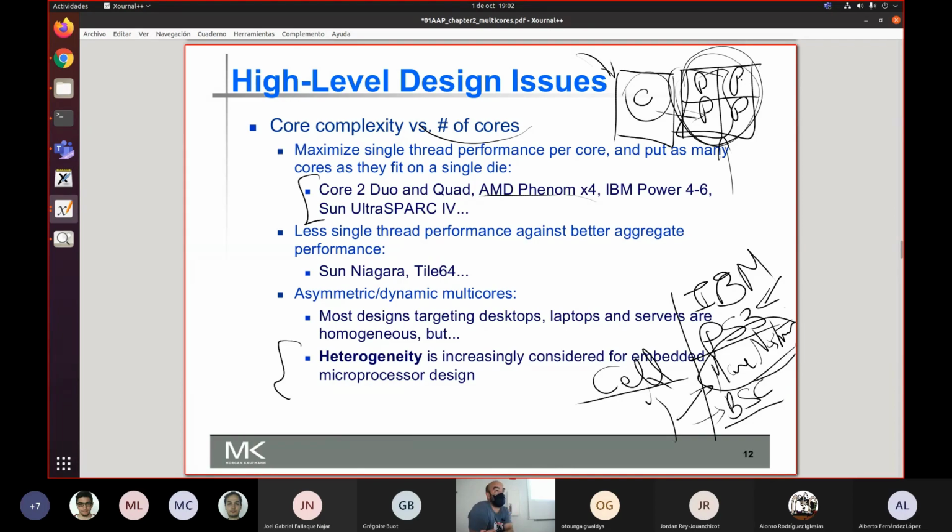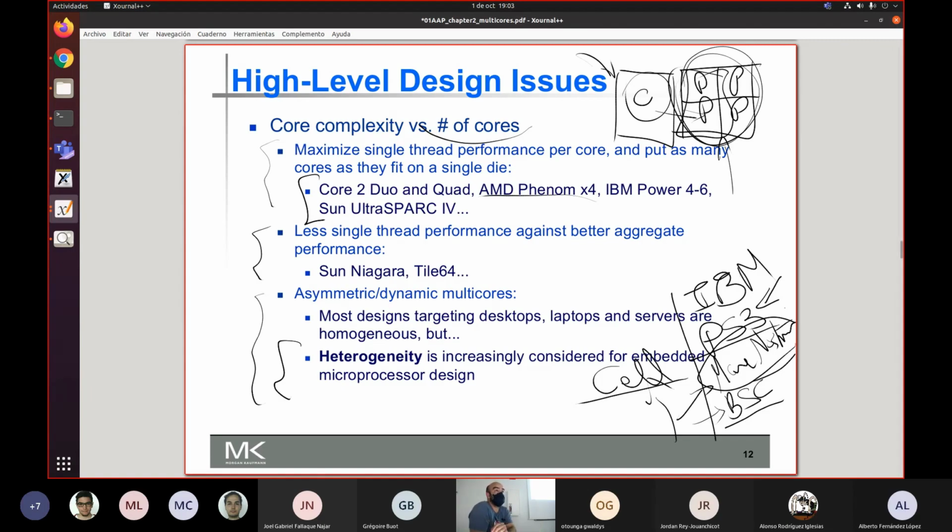So, at the end, we have three approaches. Fewer cores, but more complex is one of them. This is the most popular one. Simpler cores, which allows putting more cores in the same chip, and heterogeneity, that is always the future, okay, but it never comes to the desktop computers.